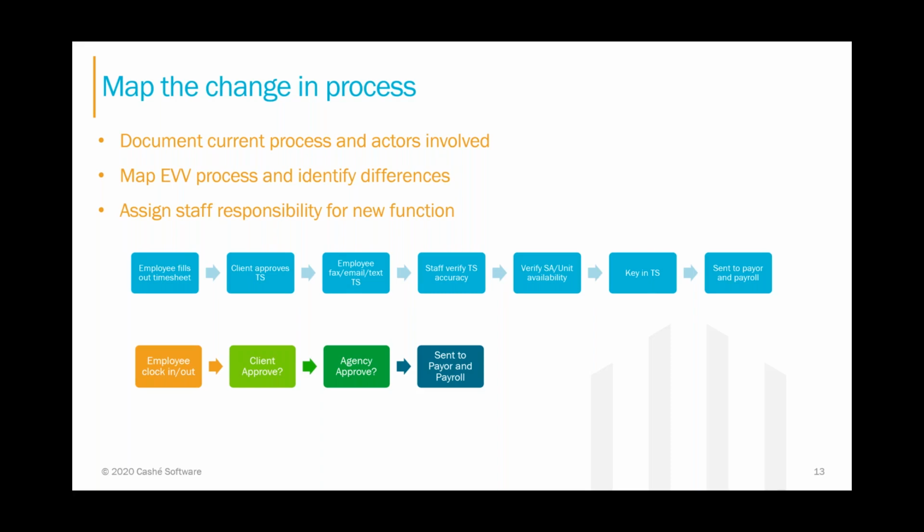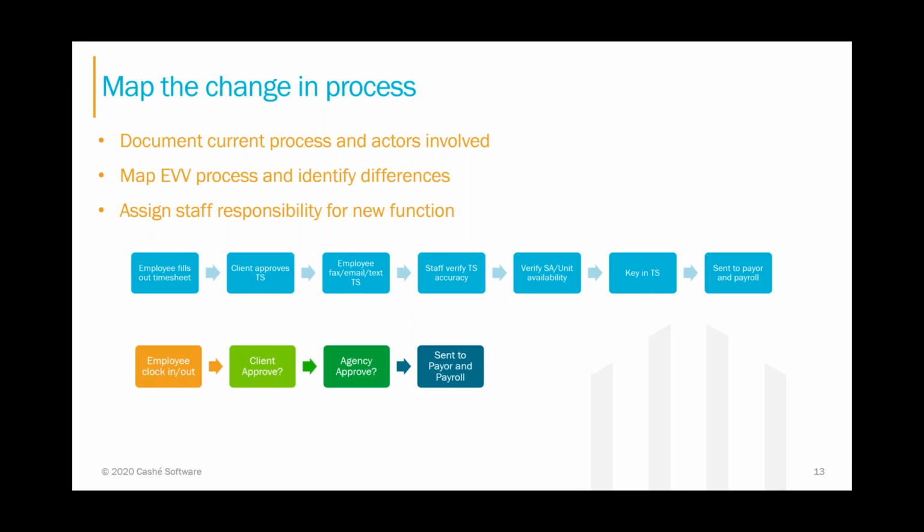In the EVV world, while the end result is that you want to send it to the payer and get payroll done, some things are different. The employee clocks in and out. The client approves it in the app at the end of the week or on a daily basis. The agency gets that in the approval screen, approves and finalizes it, and then that goes to the payer.